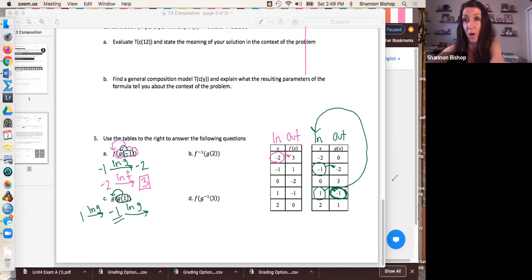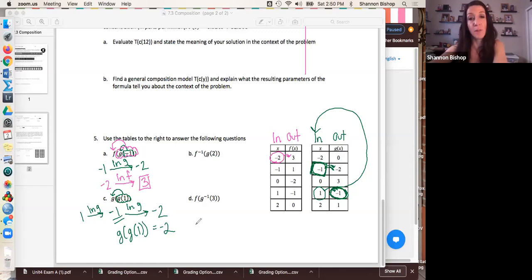The output of one function becomes the input to the next. So even though this -1 is in the output column, for composition purposes, I'm now going to look for it as an input, which is right here. And so the final answer is -2. So G of 1 is -2.